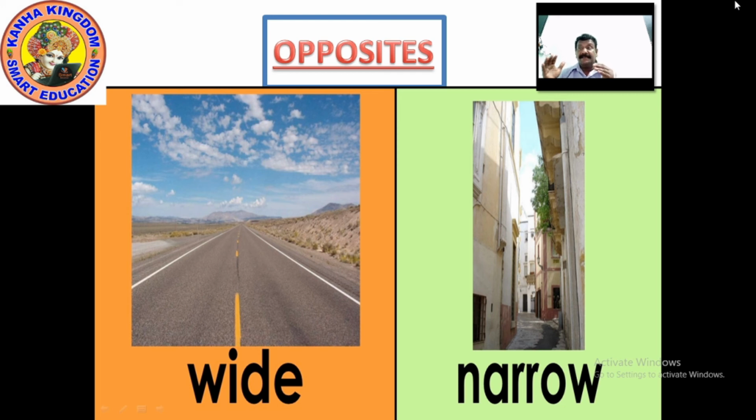And you can see on the right there are two constructions, two buildings, and that passage which is seen is narrow. A small passage is called a narrow passage. Between the two buildings there is a narrow gap. There is a narrow passage. That's what we say.